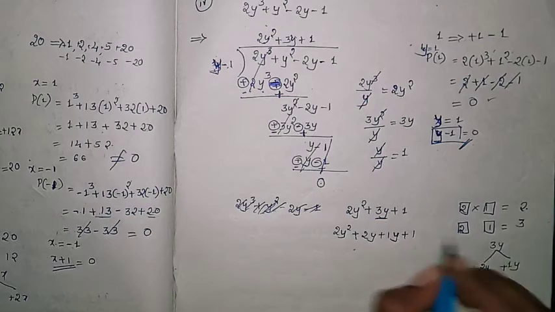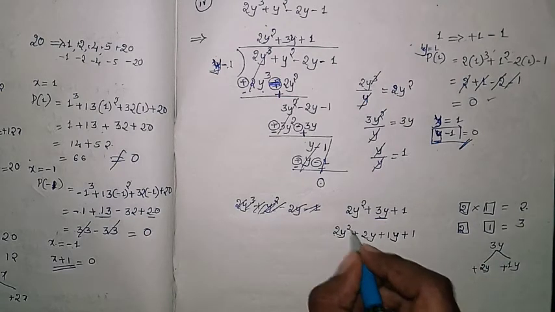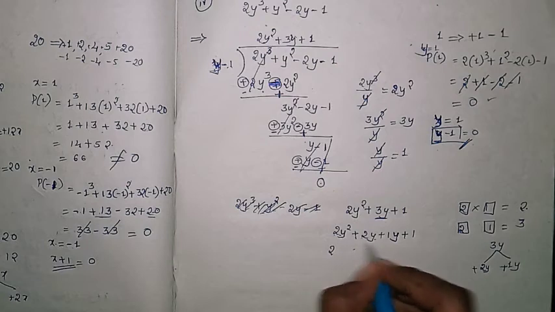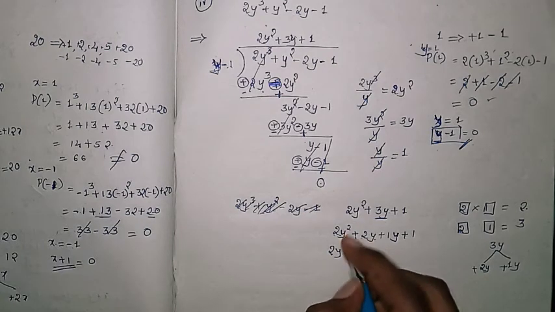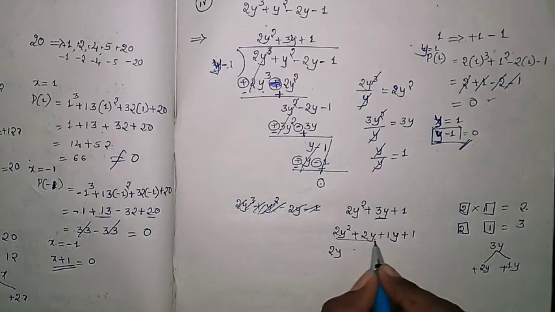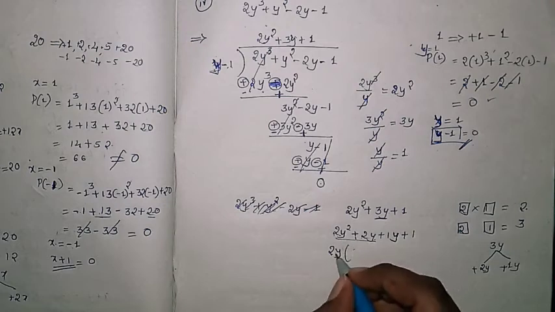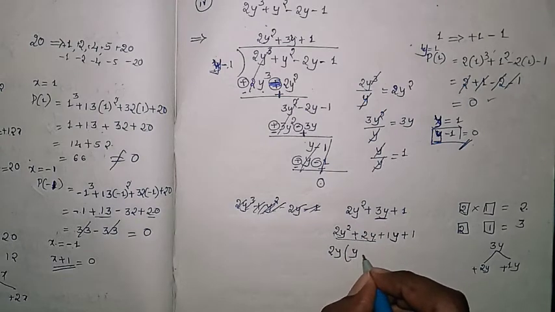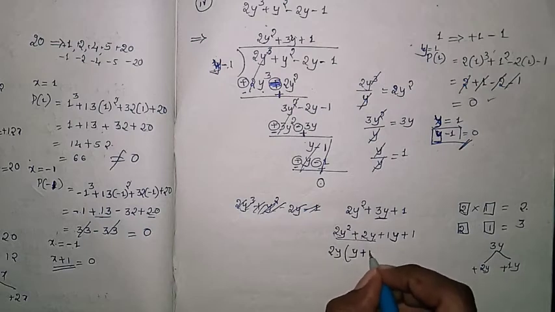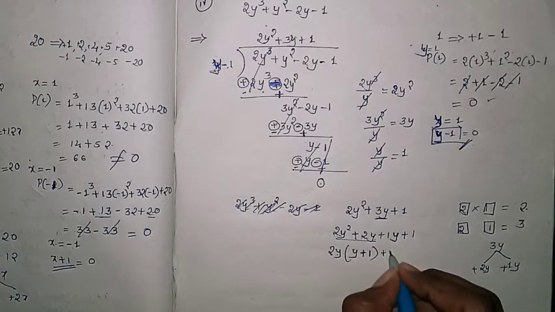Even you can write it as y. So here 2y square and 2y, we can take 2 as the common term, and even we can take y common from these terms. So 2y, if you are taking common, means 2 already came outside, so here it is 1. From y square, y came outside, remaining is y, plus 2 already came outside, y also came, means remaining is only 1. So here plus 1.